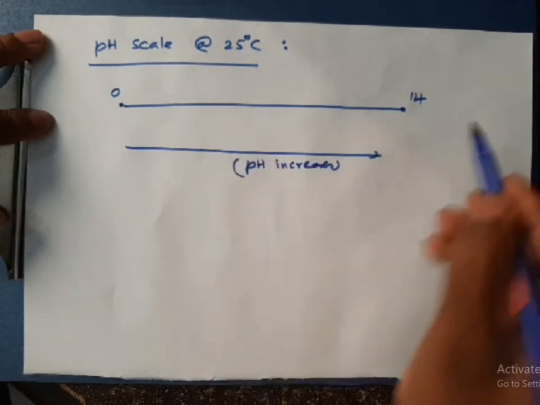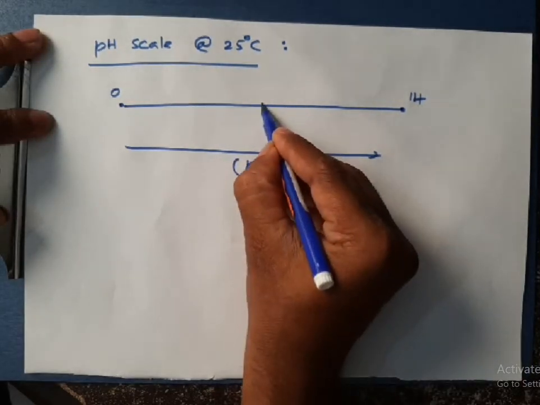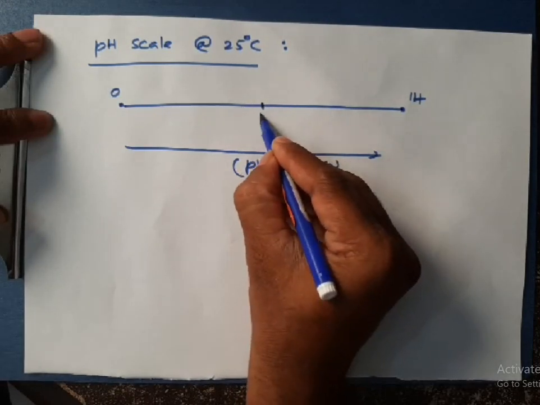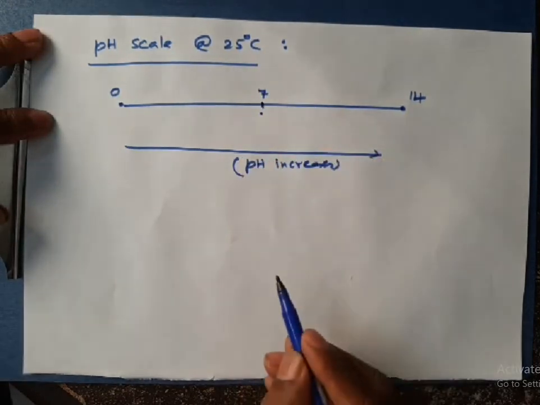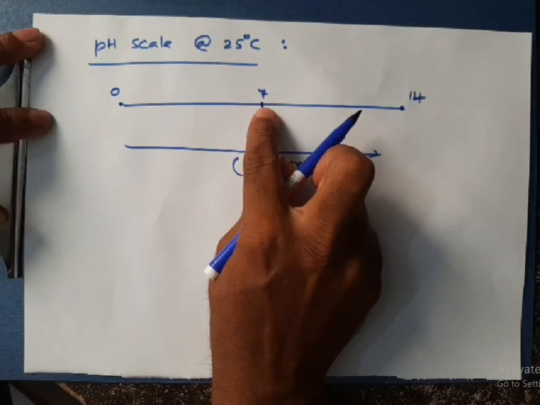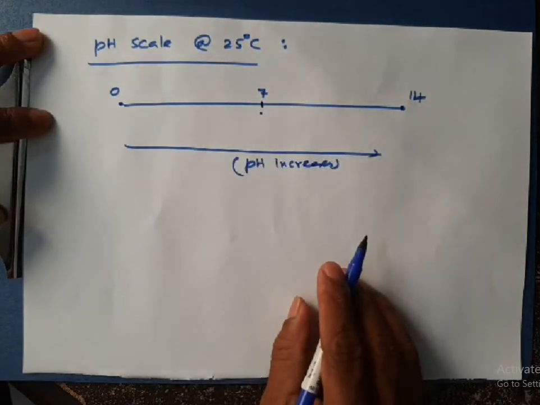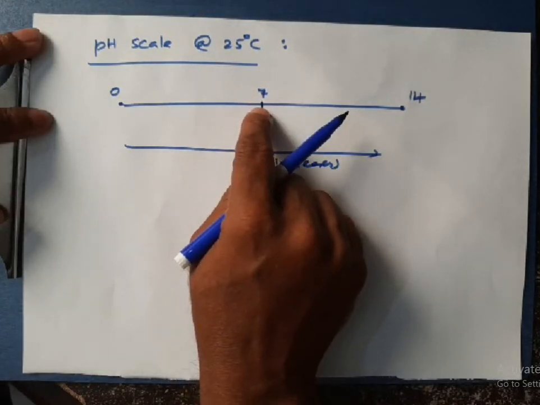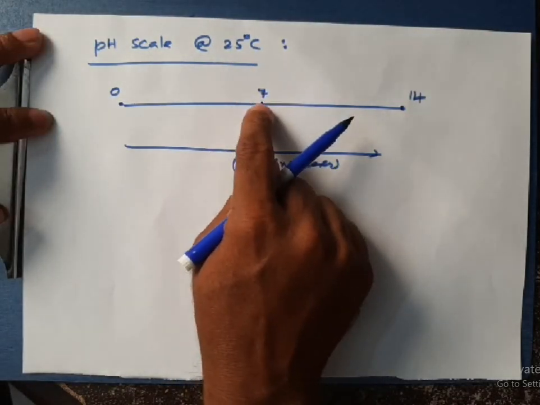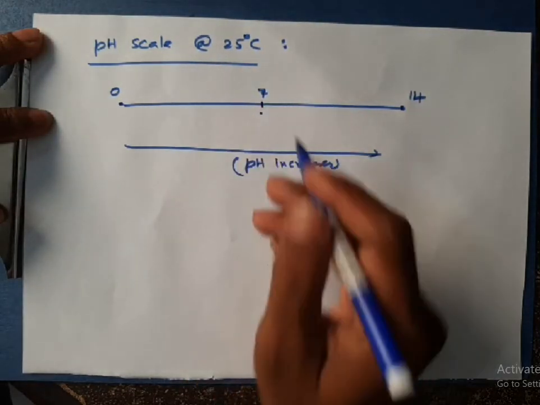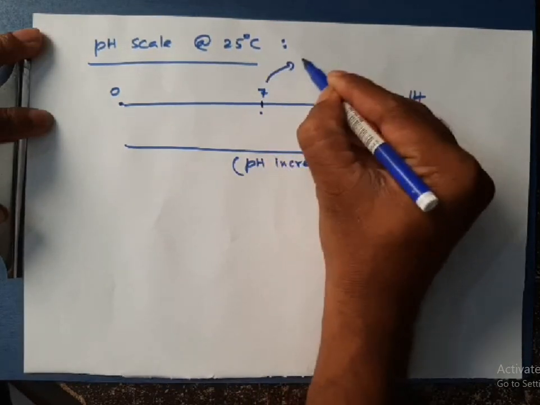And this value, which is 7, pH 7 corresponds to pure water. If you have pure water at 25 degrees Celsius, pH should be equal to 7. So we say that it is neutral.